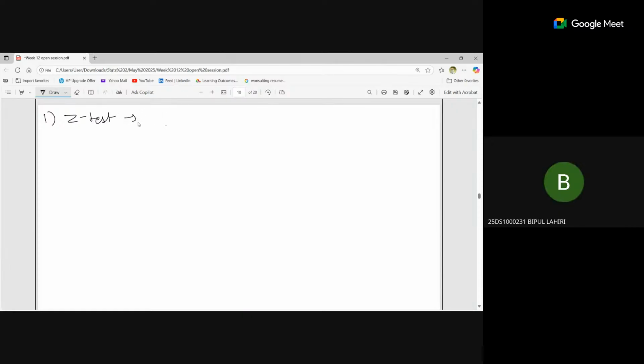Z test when we know the sigma, when the variance is known. And we are testing for the sample mean, that is X bar. Now what will be my T here? T will be my X bar and Z will be equal to what?